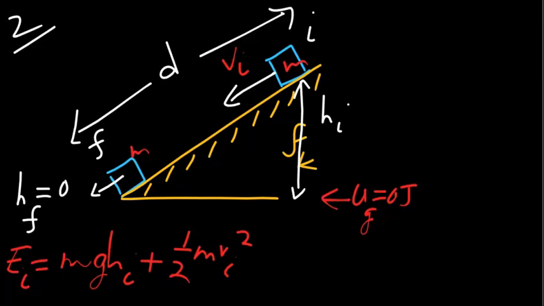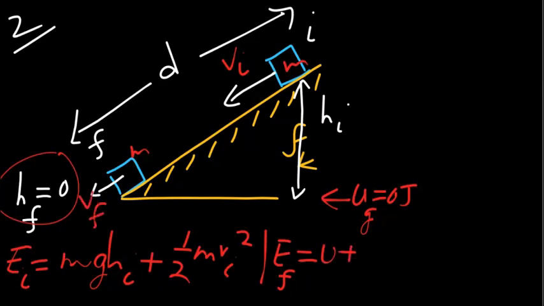Now let's look at the final position of the object, namely at the bottom of that inclined plane. There is no height, so the gravitational potential energy of the system is 0. It is still moving with some speed, let's call that speed vf, so it has kinetic energy, half m vf squared.